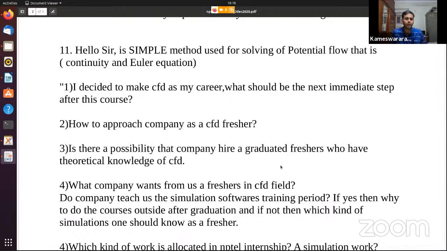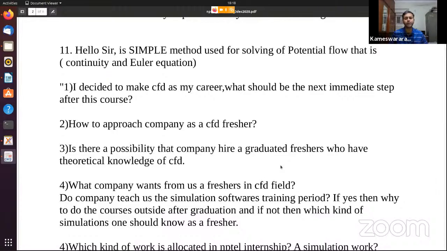How to approach a company as a CFD fresher? Well, I would think if you have done some courses, let's say the NPTEL course or any other course in your college, then these should help you to get into a company. During the interview, you should be able to answer some of these questions. Is there a possibility that a company may hire graduated freshers who have theoretical knowledge of CFD?